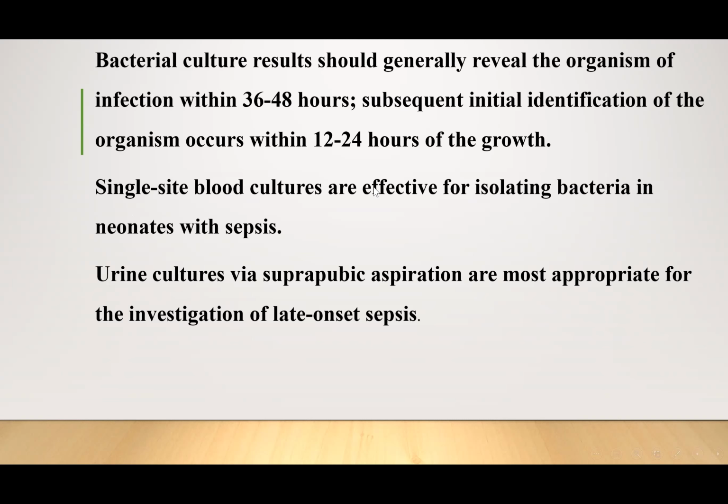Single site blood culture is effective for neonates. Urine culture is the most important if you are going to collect it. In the first few days, many of the babies have bacteriuria. So they have some bacteria, but it is not infection.